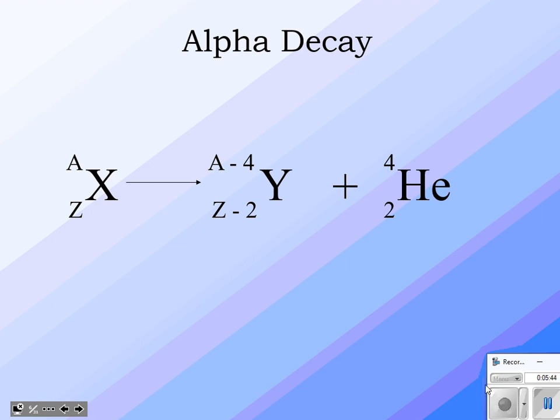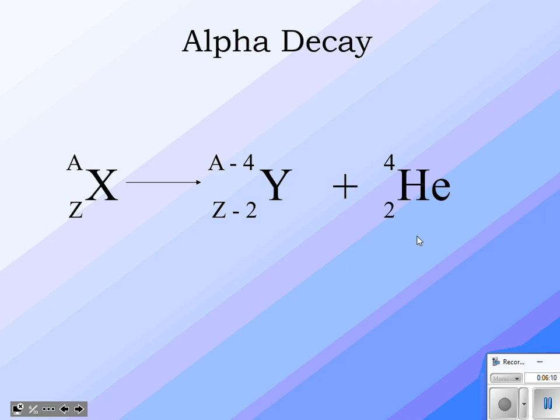How do I recognize this as alpha decay? Right there. See the helium 4-2? That helium 4-2 right here is the alpha particle that we're talking about. So when I see that helium in the product side, I can see that there's alpha decay.